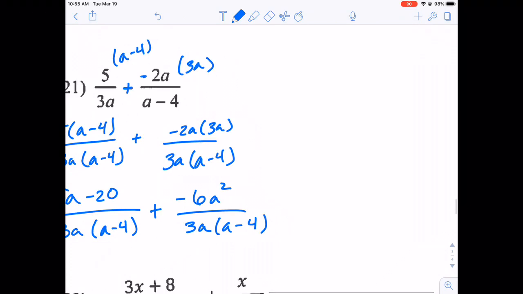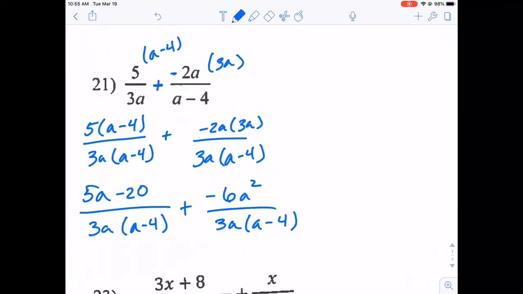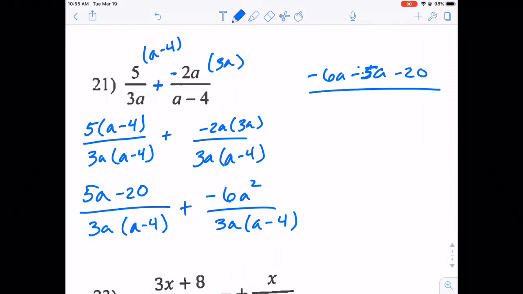Putting them all together, and I'm going to write them in this order, negative 6a squared plus 5a minus 20 all over 3a times a minus 4. And we'll stop right there. We really should be trying to factor this denominator at this point.